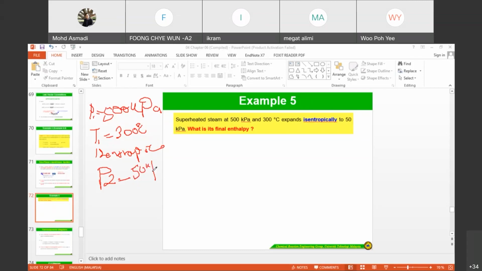So you have to determine H2, this one is enthalpy.